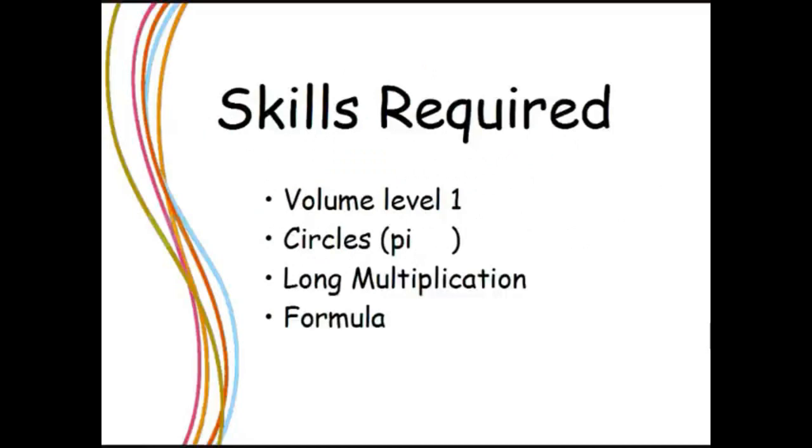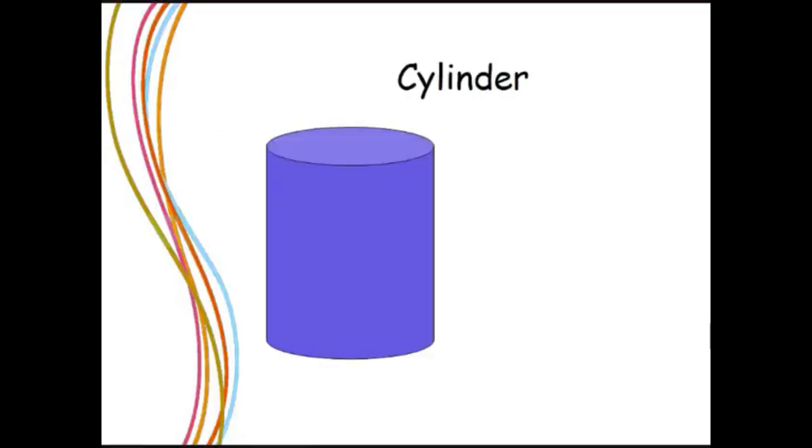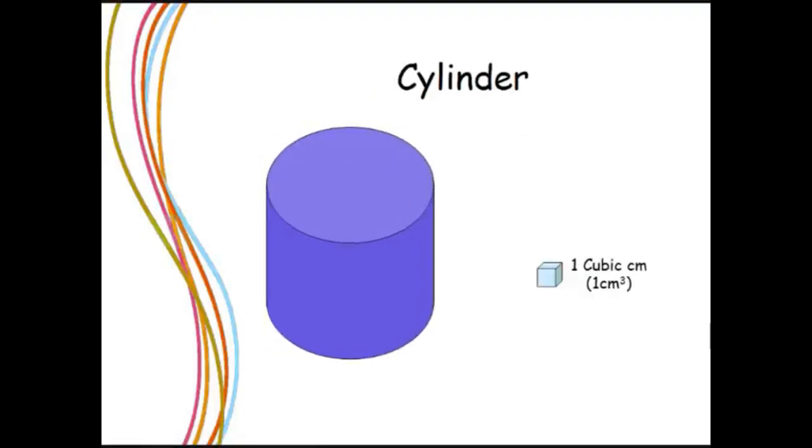Before attempting, you should be confident at volume level 1, circles including pi, long multiplication, and most importantly formula, including BODMAS. A cylinder is a three-dimensional shape, so the volume will be calculated in cubic measurements.